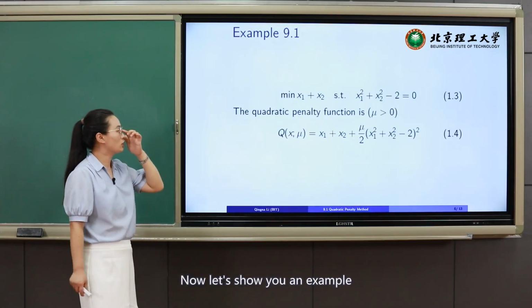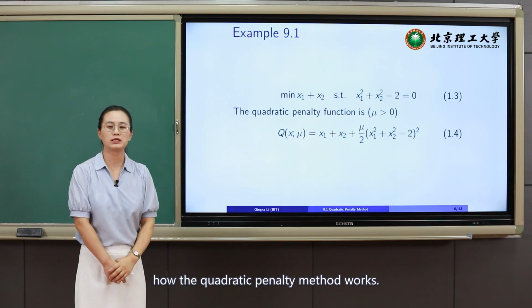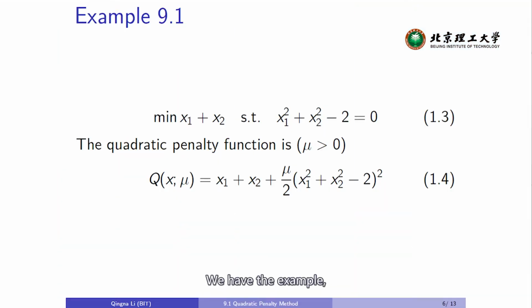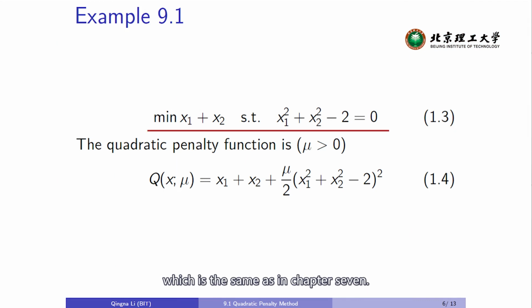Now, let me show you an example of how the quadratic penalty method works. We have the example, which is the same as in Chapter 7. We minimize the sum of two components subject to an equality constraint. This equality constraint is basically a circle with center at the origin, okay?